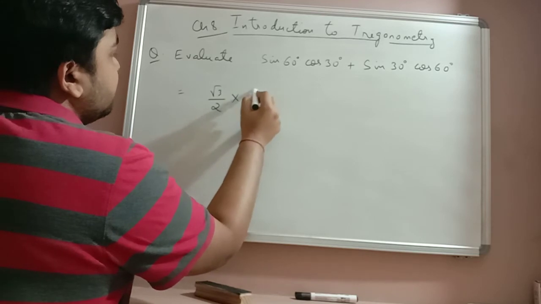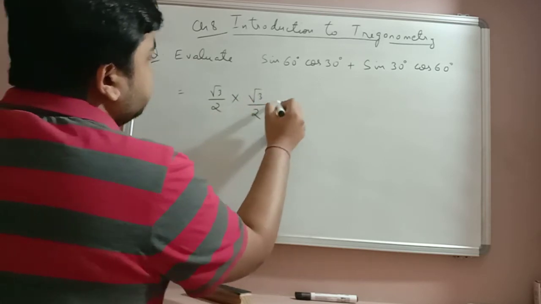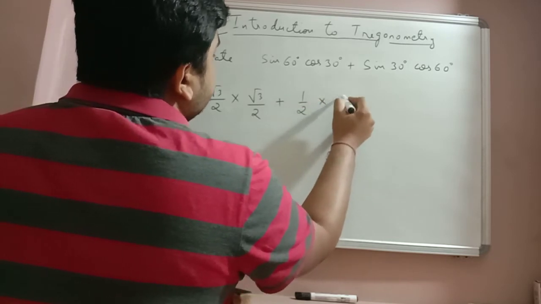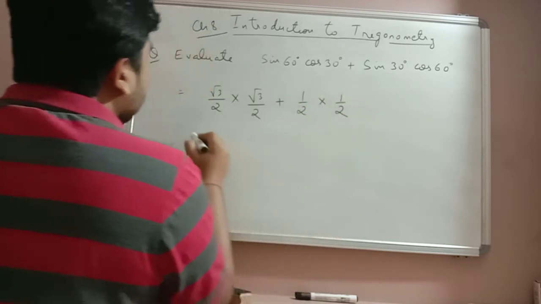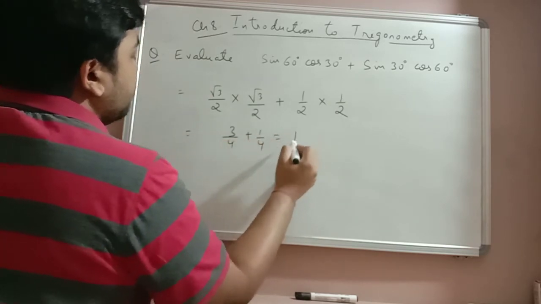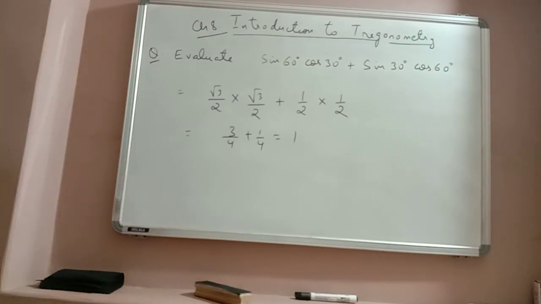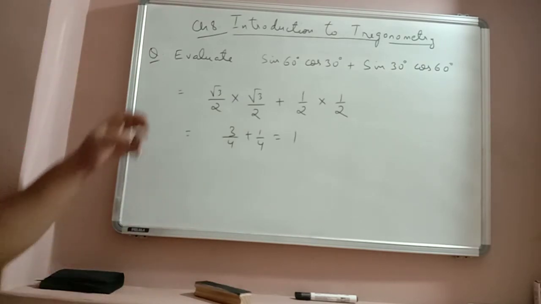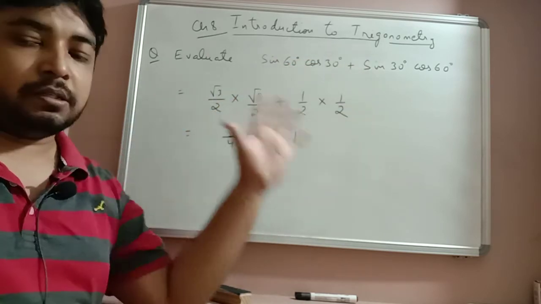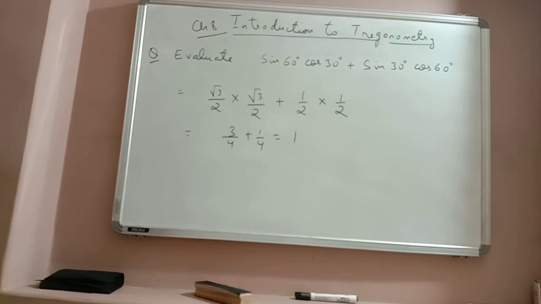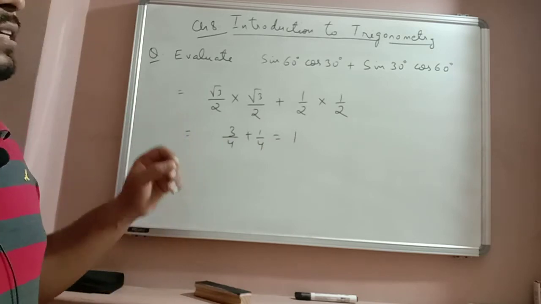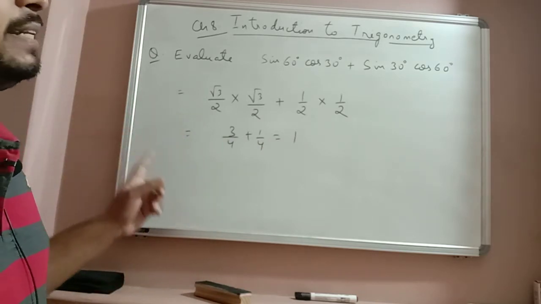Cos 30 degree is again root 3 by 2 plus sine 30 degree is 1 by 2 and cos 60 degree is 1 by 2. So this turns out to be 3 by 4 plus 1 by 4, which turns out to be 1. So the value of sine 60 degree cos 30 degree plus sine 30 degree cos 60 degree is 1. Very simple. Similarly, we can solve other questions based on this topic. It is very simple to solve the question once the table is known to you.